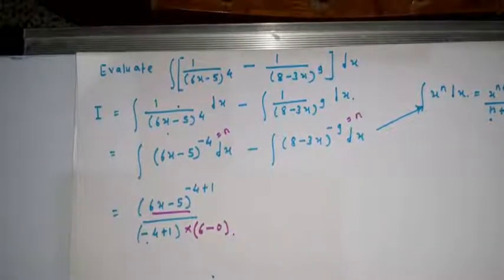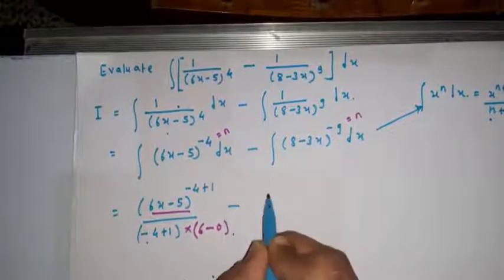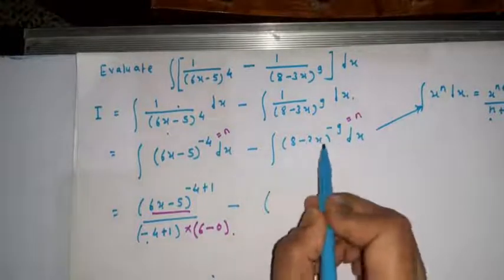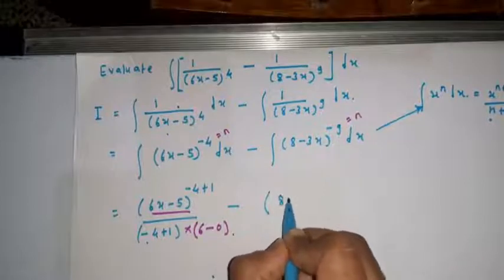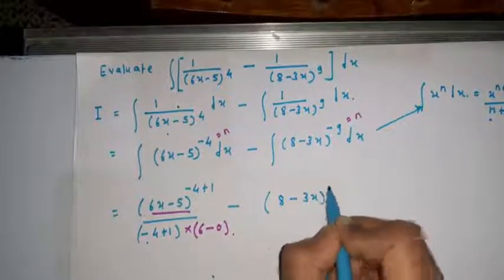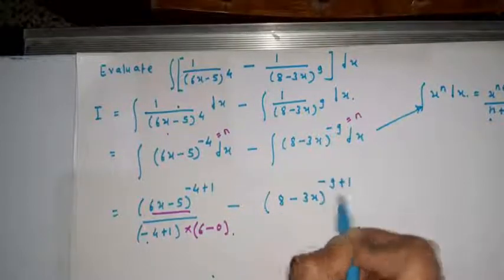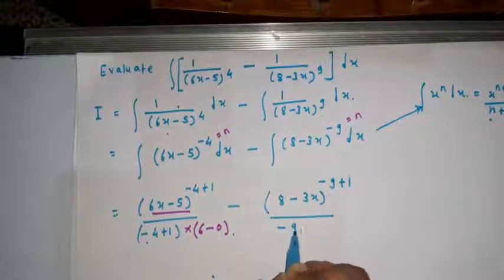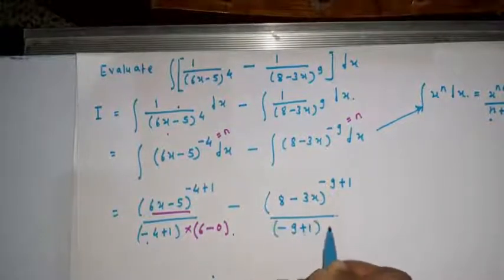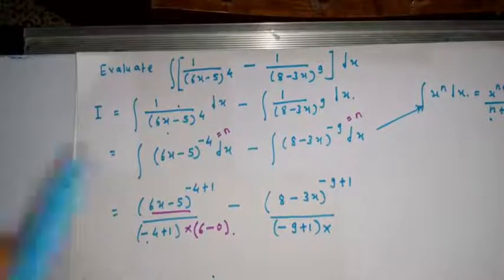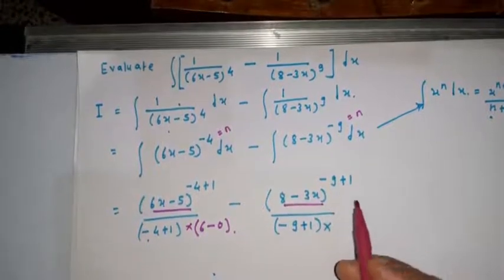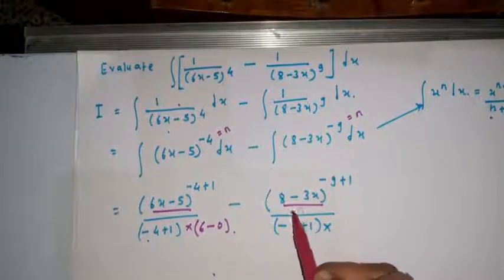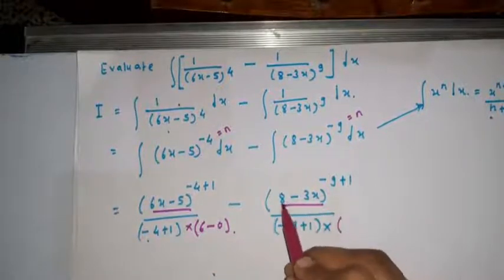Okay, students, minus. Similarly here, the integration of (8 minus 3x) raised to minus 9 is (8 minus 3x) raised to minus 9 plus 1 upon minus 9 plus 1. Again, if you observe, the inner function 8 minus 3x is again a differentiable function. That's why take its differentiation.